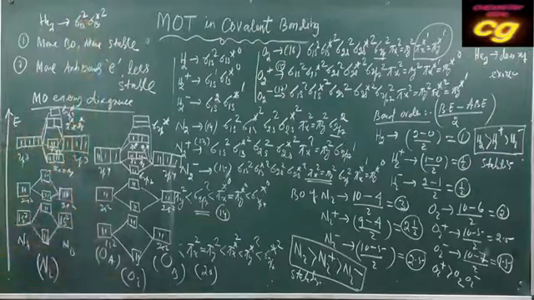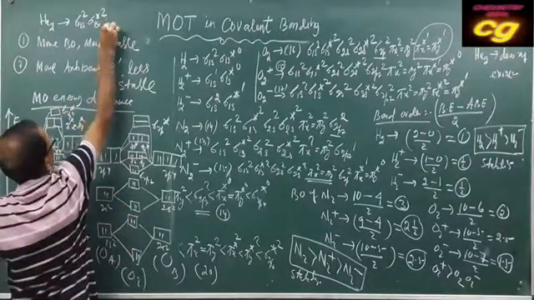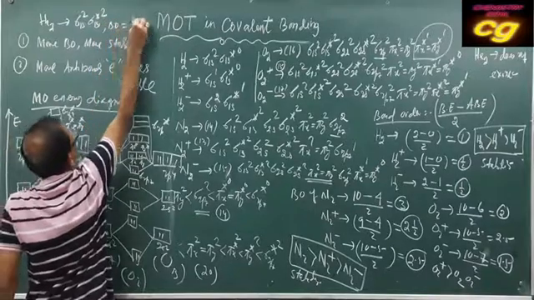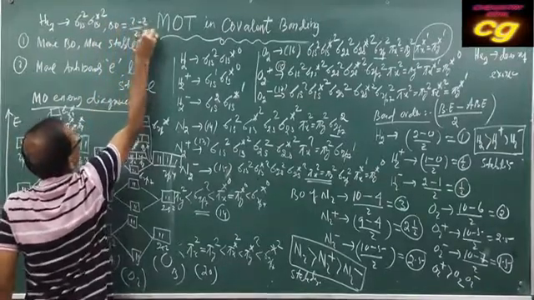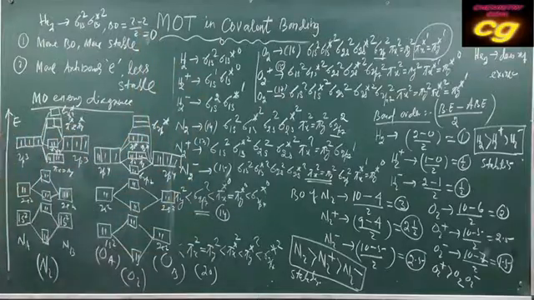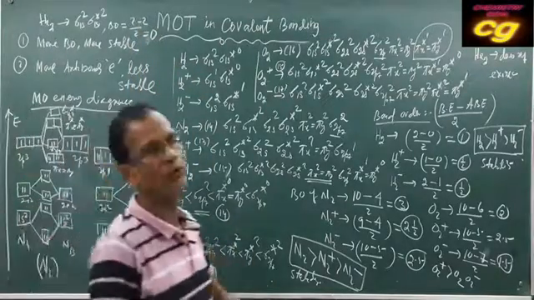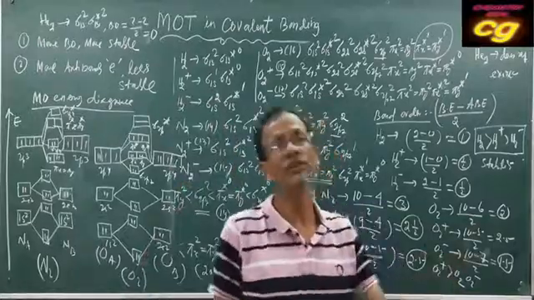So bonding 2, antibonding 2. What is the bond order? Bond order will be (2 minus 2) by 2, that is 0. When the bond order is 0, that molecule or ion does not exist.